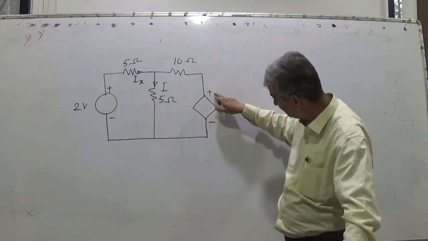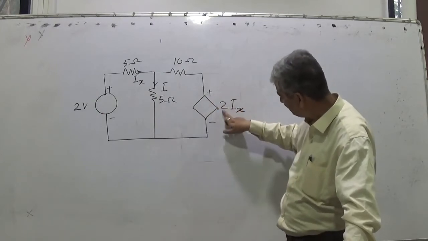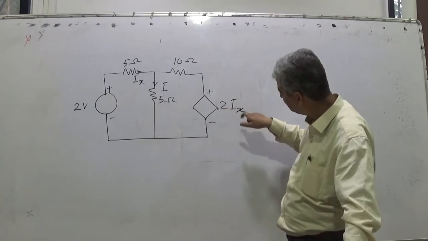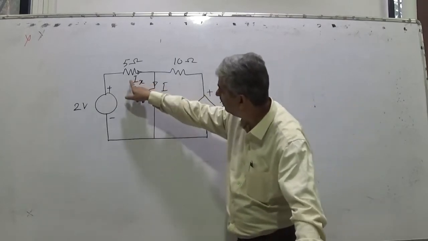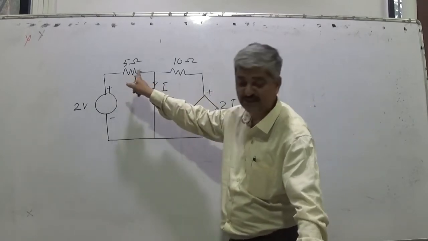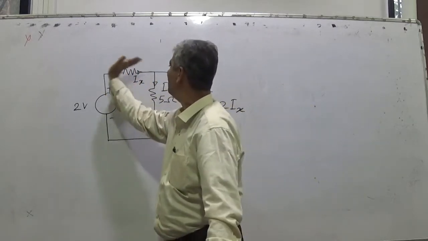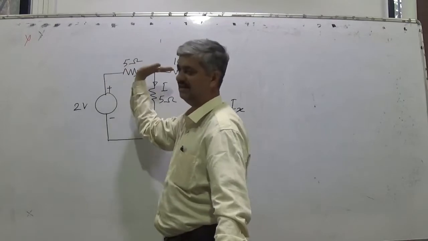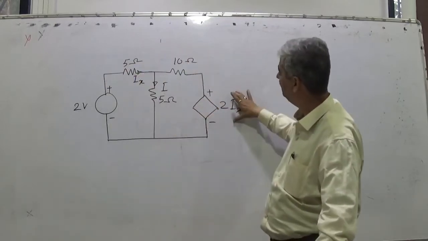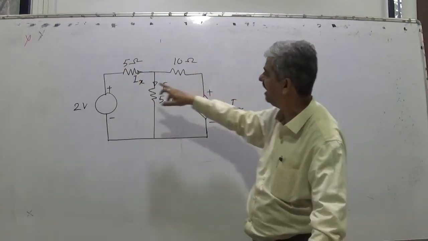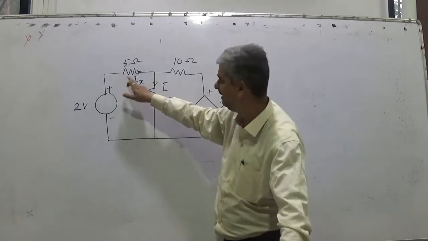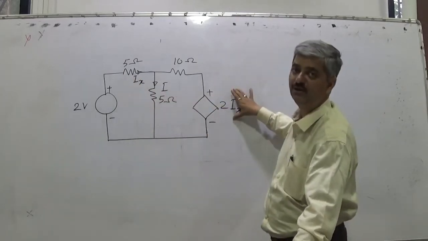It is a dependent voltage source whose voltage depends on 2 times Ix, and the direction of current is also shown. Whatever amount of current Ix is flowing in this direction, that determines the voltage. If Ix works out to be 1 ampere, this will work out to be 2 volts.